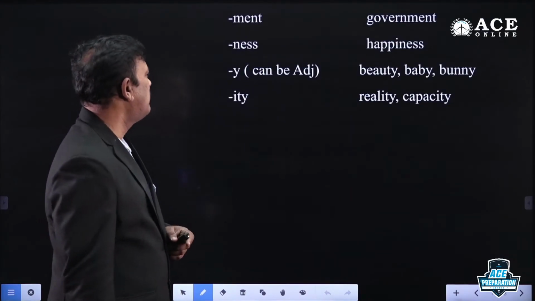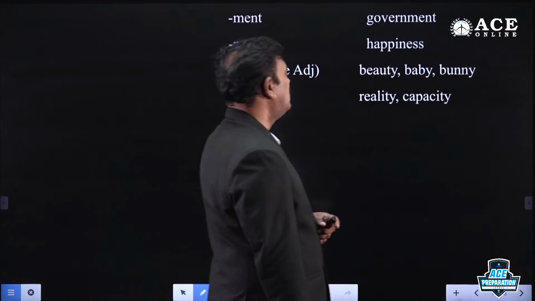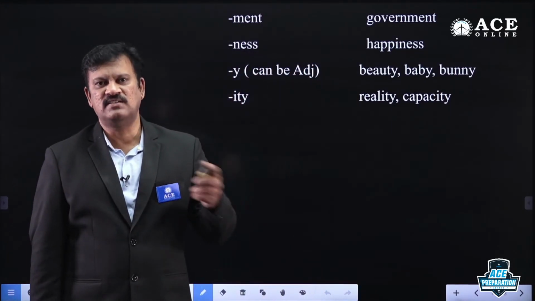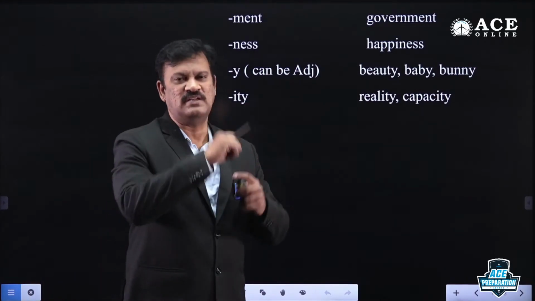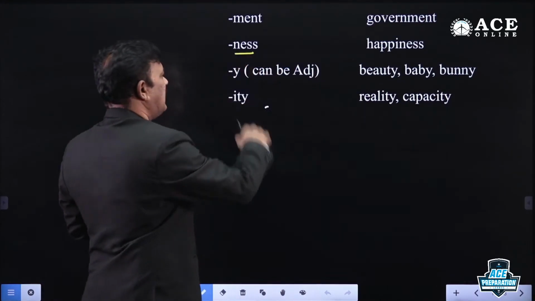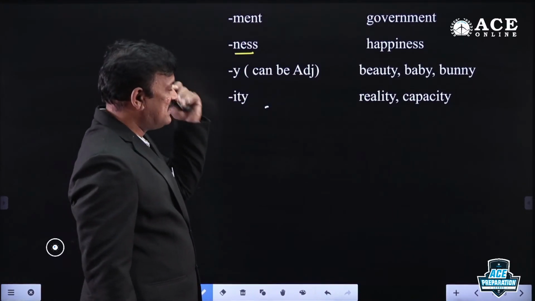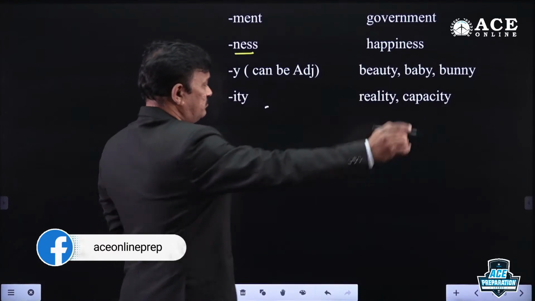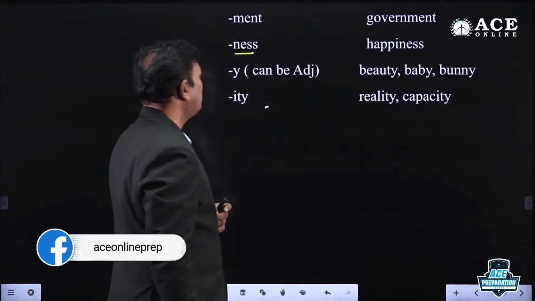You have some more. MENT: government, noun. Department, noun. Apartment, noun. NESS: happiness, sadness, feelings, nouns.